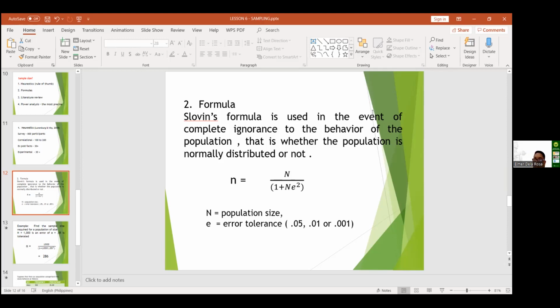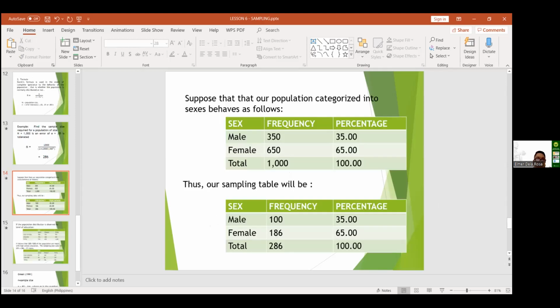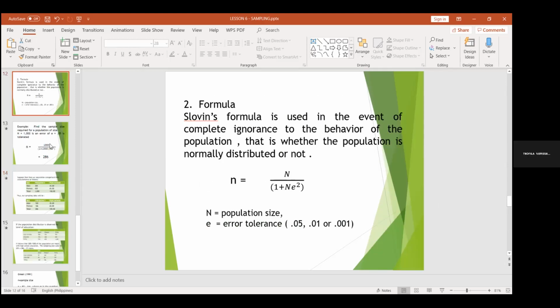Nagsasalita ka ba, Ma'am Teresa? Hindi ko naririnig. Sir, sirado po ata yung mic niya. Nag-chat po siya sa chat box. Okay, basahin natin ang chat niya. Sira po mic ko. Okay. So, ang sabi niya N. So, ang N mo ay N na din.